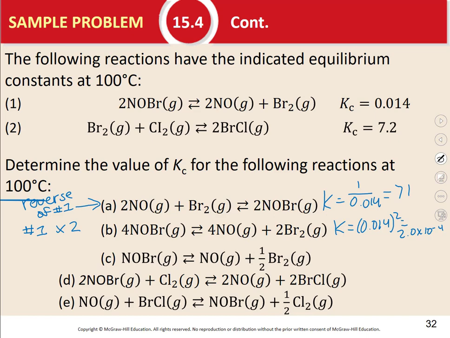Equation C, how did that one come to be? Half of equation 1. So number 1 times a half, which means its K value is going to be what? Good. The square root.